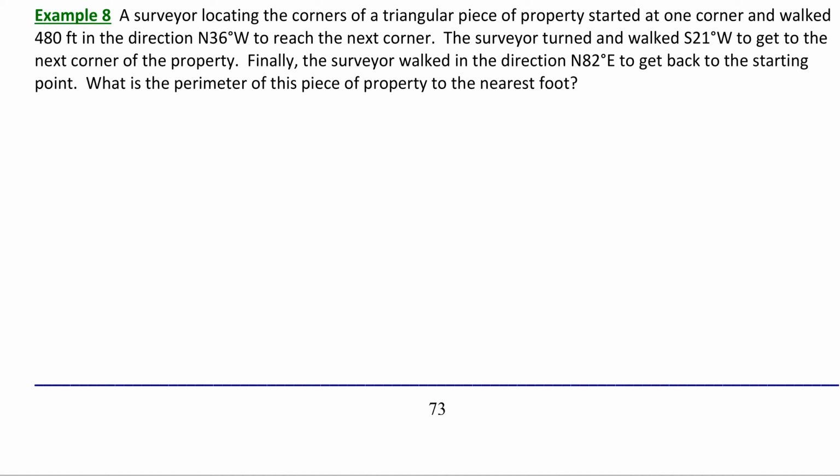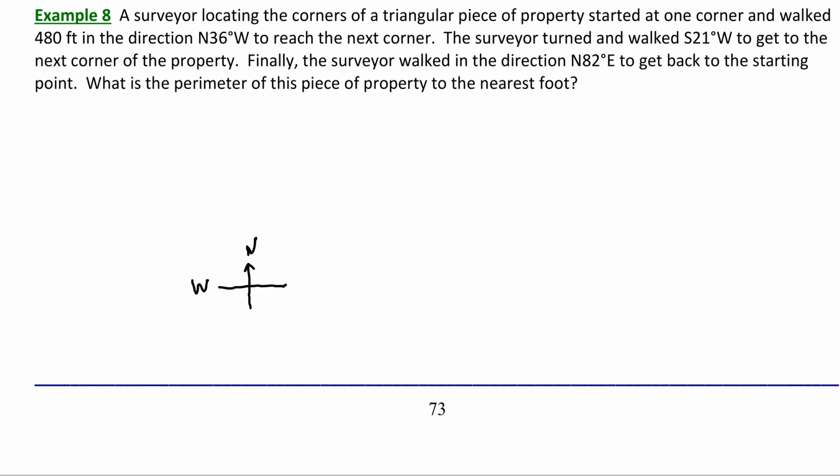A surveyor located the corners of a triangular piece of property, started at one corner, and walked 480 feet in the direction north 36 degrees west to reach the next corner. So the surveyor is going to begin in the northwest direction. So I'm going to identify a ray pointing due north and recognize that rotating to the left would be the west direction.